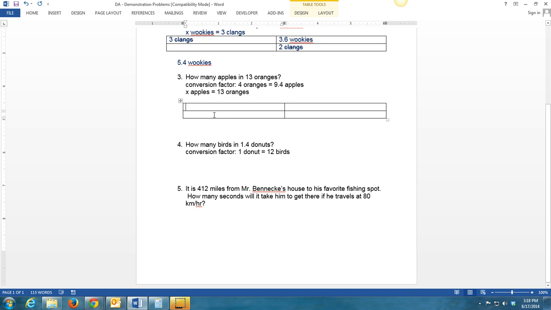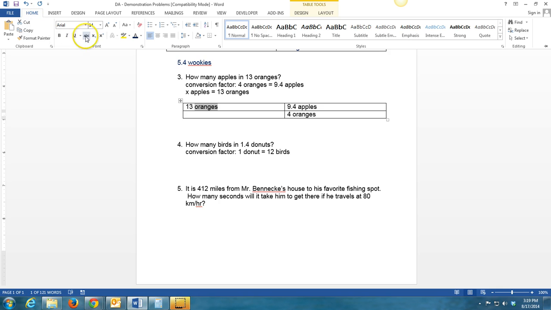Okay, so from our conversion, I'm trying to find, in my problem, 13 oranges. I know from my conversion factor that 4 oranges are equal to 9.4 apples. So oranges are what cancel.